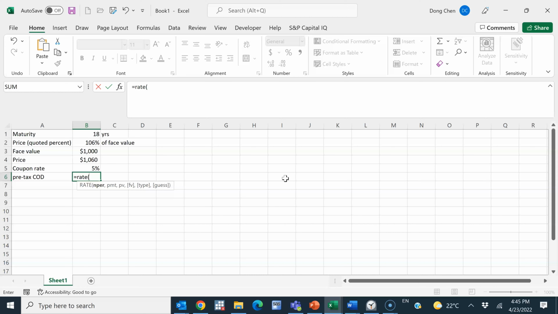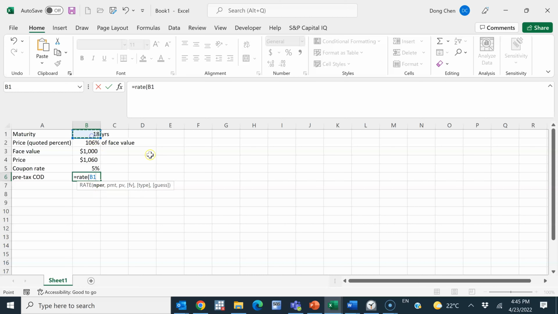That also includes the final answer that we are looking for, the yield to maturity. So the answer from the rate function gives us the semi-annual yield to maturity, which means that after that, we need to multiply that by 2 to get to the annual pre-tax cost of debt.